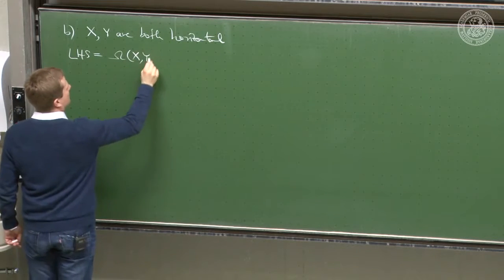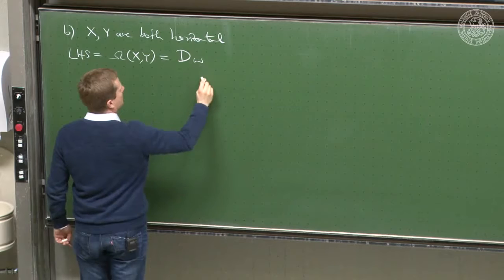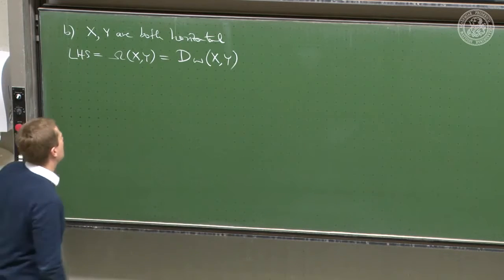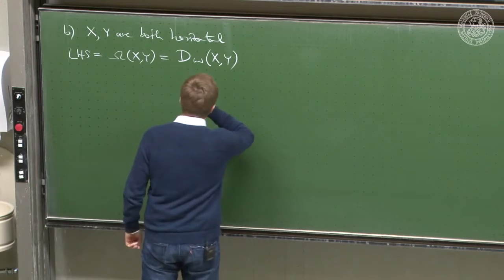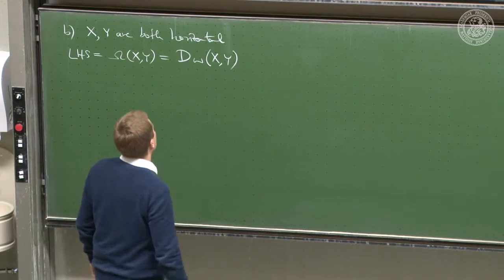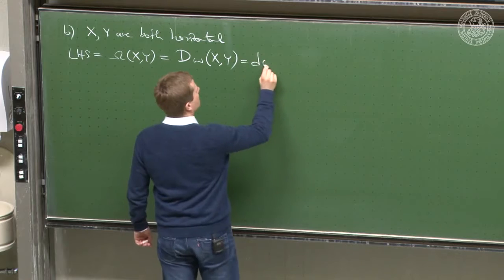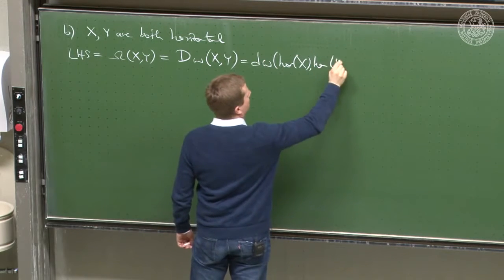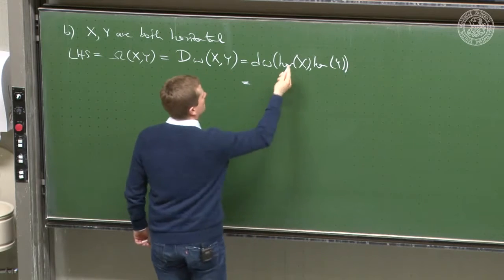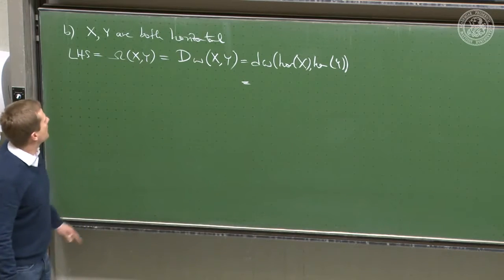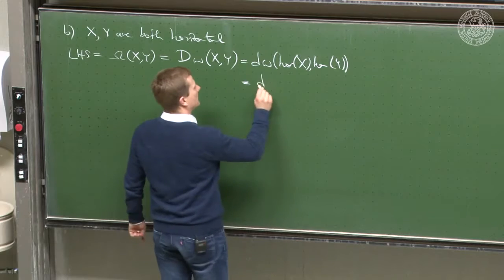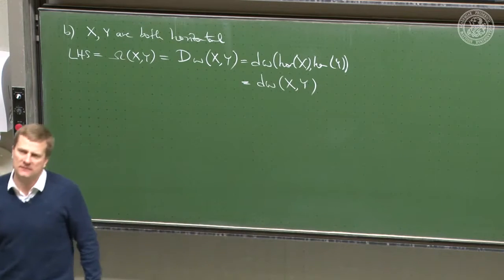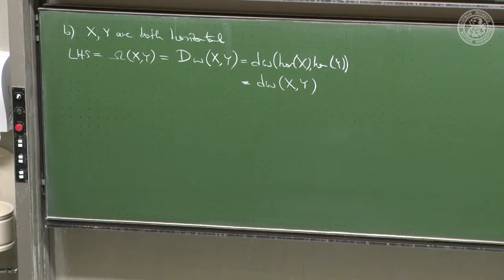Omega of x and y is the capital D omega of x and y, and that is simply the little d omega of the horizontal part of x, horizontal part of y. But of course this horizontal projection has no further effect because x and y already are horizontal. So in this case it's simply the standard exterior derivative.